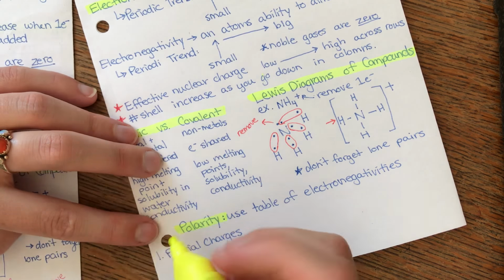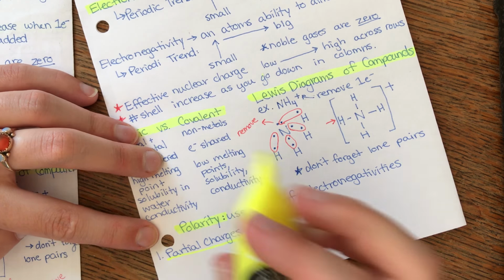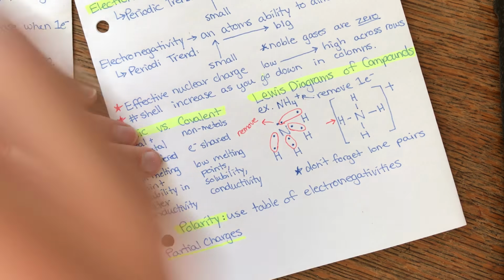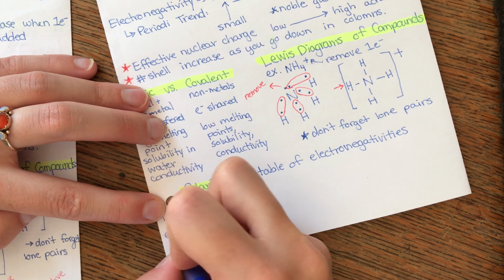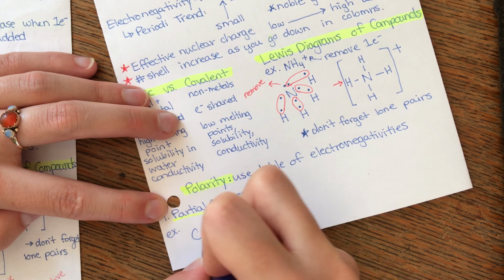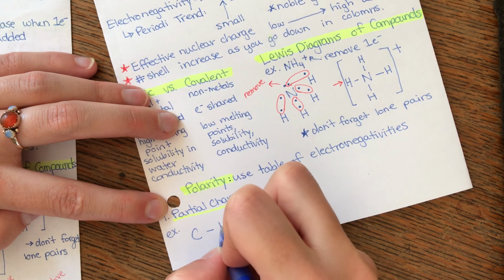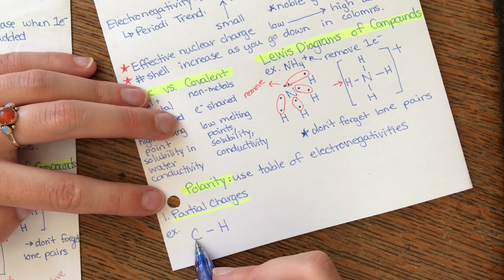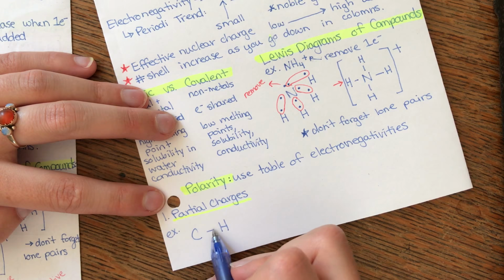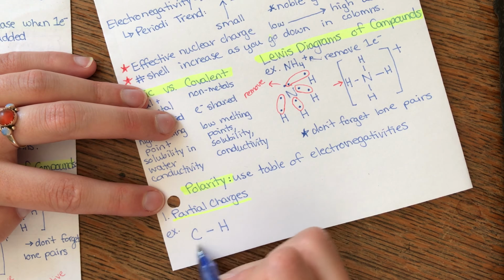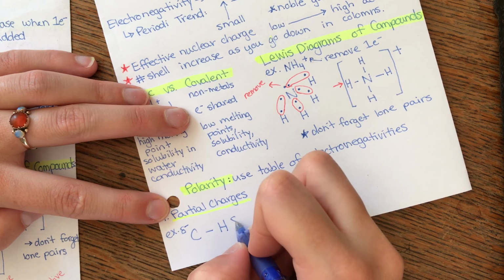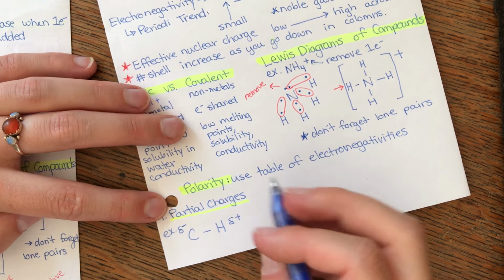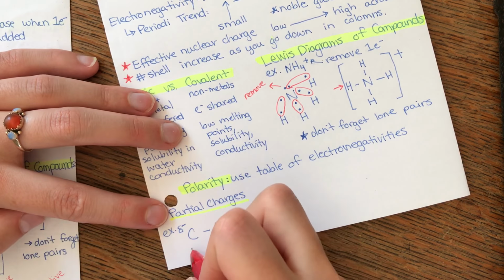So partial charges show the difference in electronegativity within one bond. So for an example, if I have a carbon and a hydrogen, the carbon is more electronegative than the hydrogen, so the electrons in this bond are going to spend more time around the carbon, which is going to give it a slightly negative charge, and the hydrogen a slightly positive charge, because you're checking the electronegativity in the table.